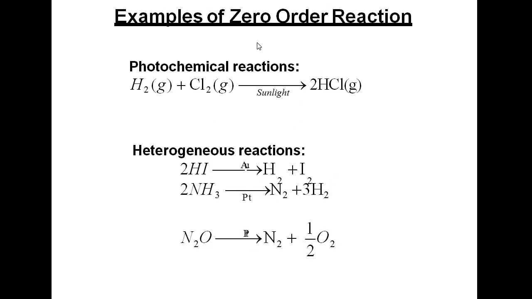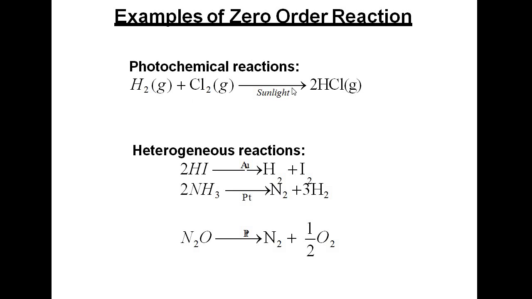Then examples of zero order reaction. First example is photochemical reactions, for example, H2 plus Cl2 gives us 2HCl. In this reaction, when you look at it, rate seems proportional to concentration of H2 and Cl2, but in actuality the rate is independent of concentration of H2 and Cl2.